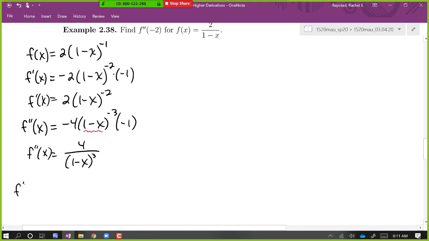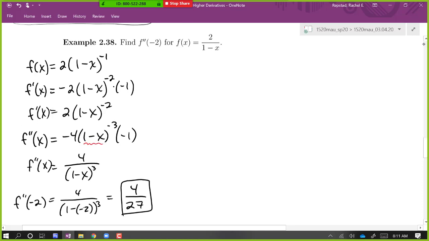So f double prime of negative 2 is 4 over 1 minus negative 2 cubed. 1 minus negative 2 is 3. 3 cubed is 27, so we get 4 over 27. Now, are there questions on how we executed this example here?